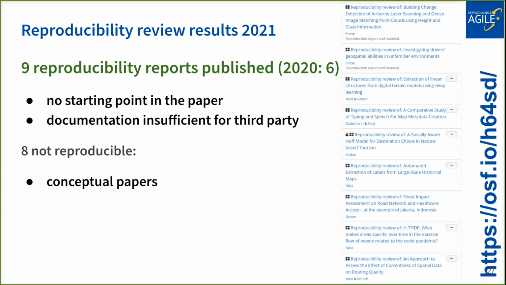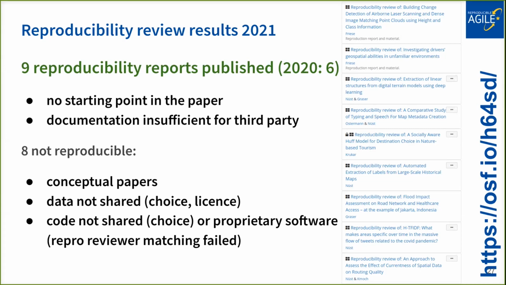There are also a few papers that we accept as not reproducible because they are conceptual papers. We can reproduce conceptual papers by reading them and trying to understand them, and if they make sense, that's it. Sometimes data was not shared, and sometimes code was also not shared for good, or in my personal opinion, maybe not so good reasons.